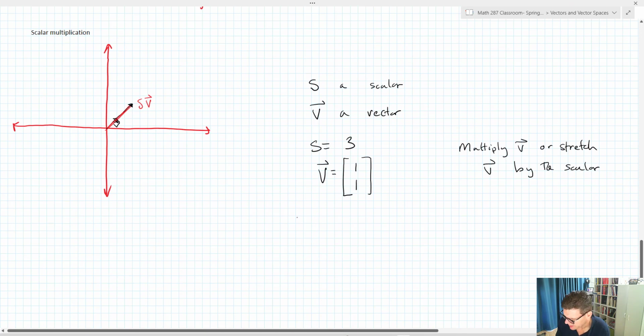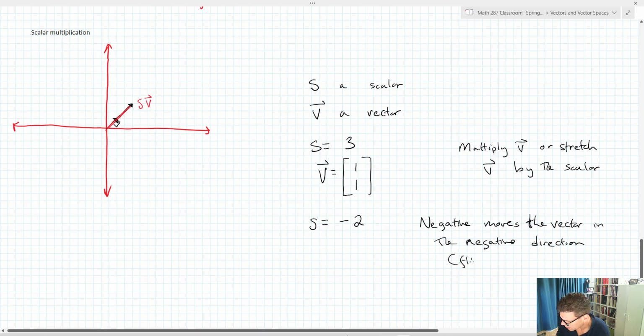We're also going to get, for example, let's let s equal -2, and the negative moves the vector in the opposite direction, or in the negative direction, right? Okay, and what that means for us is it basically flips it over the origin. So let's say, for example, I take sv in this case, let's call this s2, just to make it clear, s2v, all right?